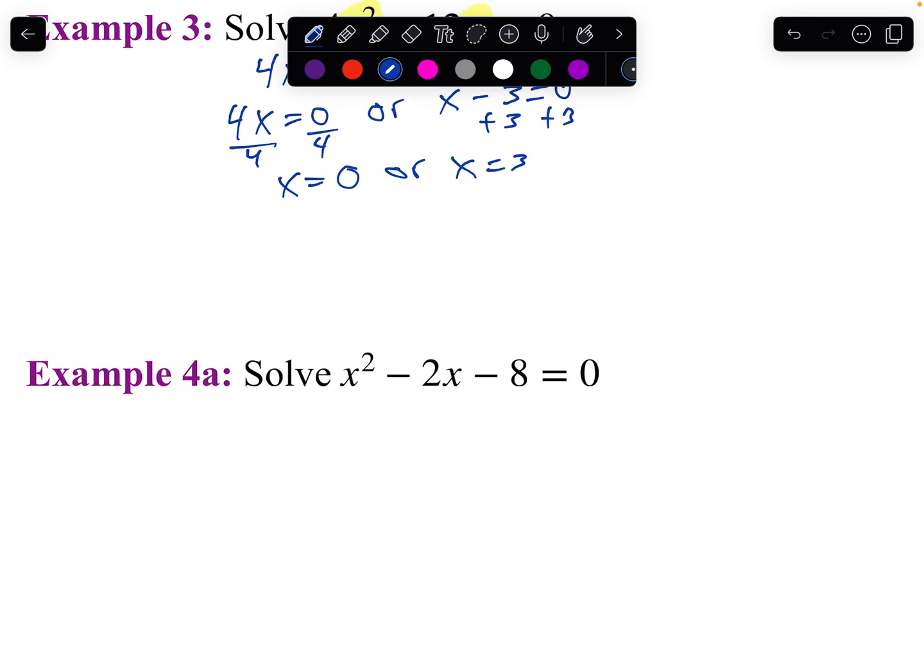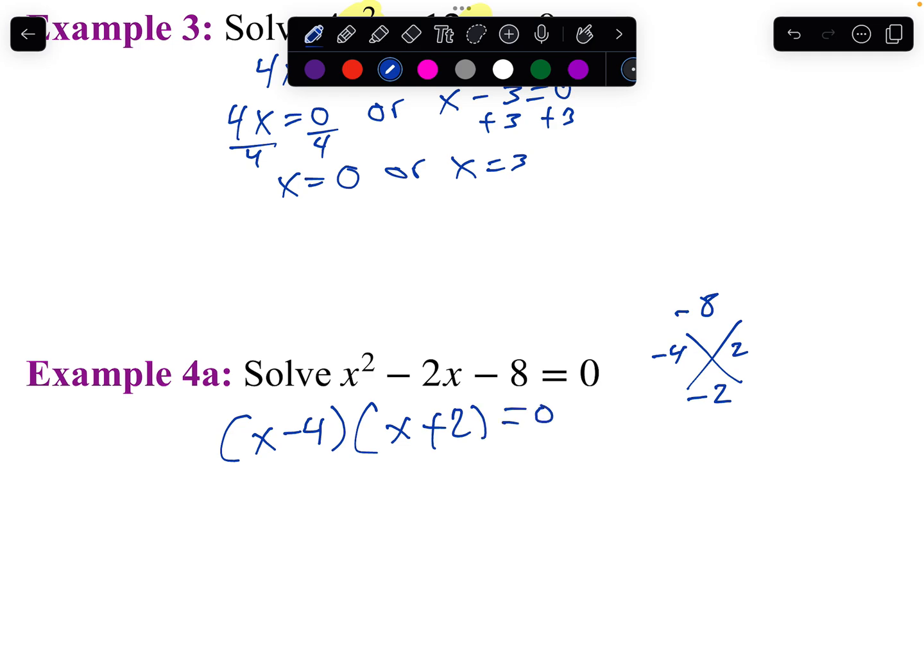Now on 4a, first we're going to solve it like we normally do. I want to factor this because it equals 0. Nothing goes in all three of them, but there's no number in front of x squared, so I want two numbers that multiply to negative 8, and they add to negative 2. Well, the two numbers that do that are negative 4 and positive 2, so I'm going to say x minus 4 times x plus 2 equals 0.